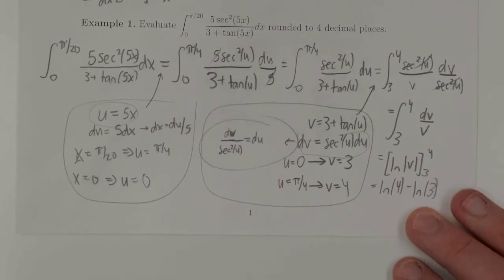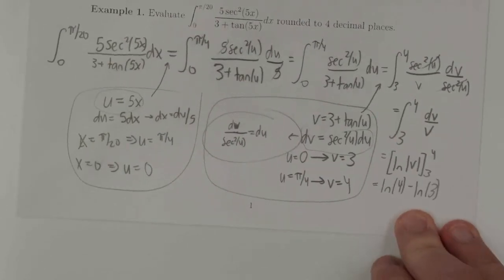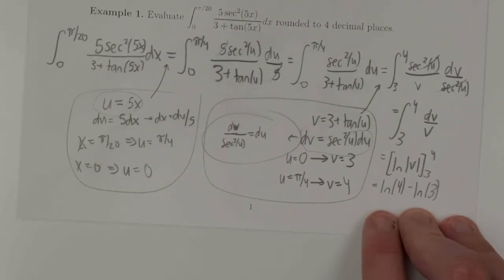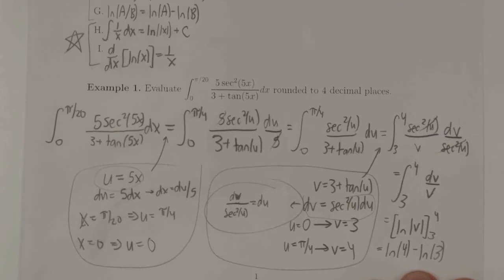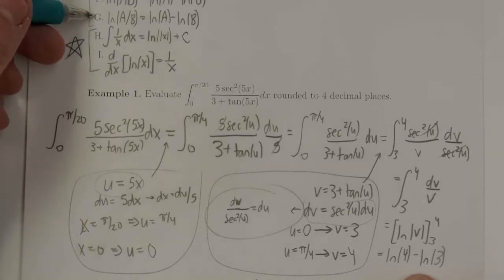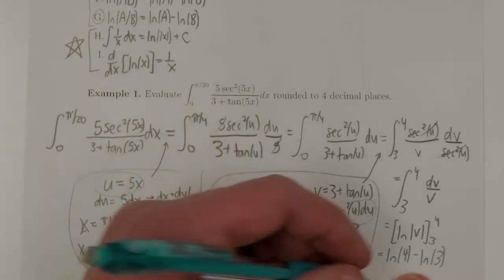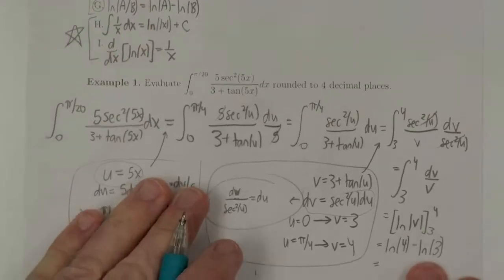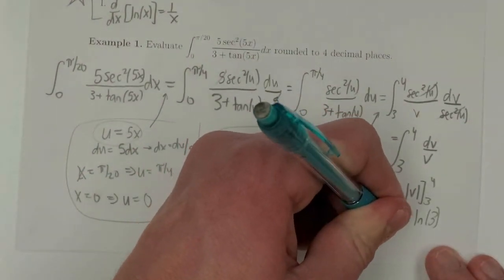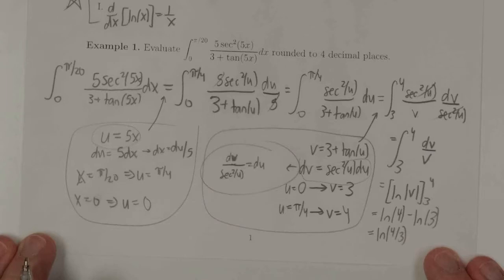Okay? So in this case, as an exact value, this is one correct way to represent it, but let's say, for the sake of hypotheticals, that this were not an explicit choice on the exam. So looking back up here at property G, we note that this expression can be rewritten, using property G, as natural log of 4 over 3, right?